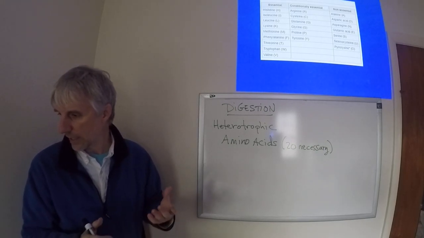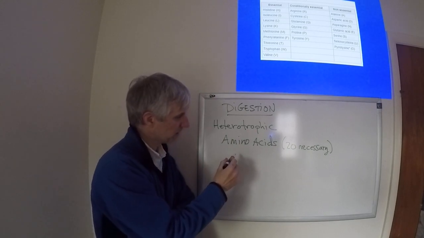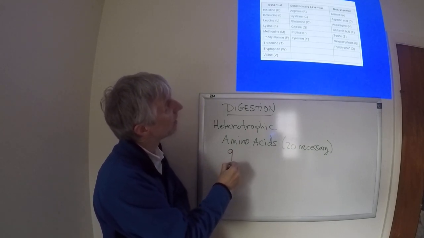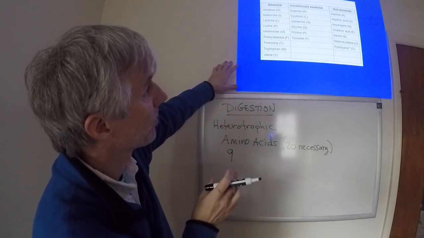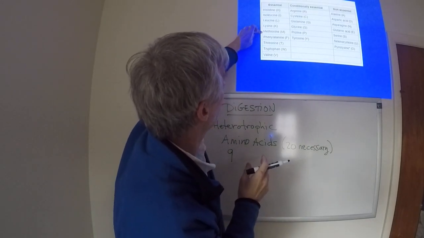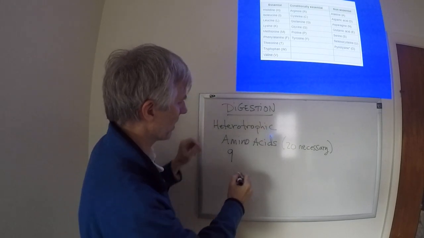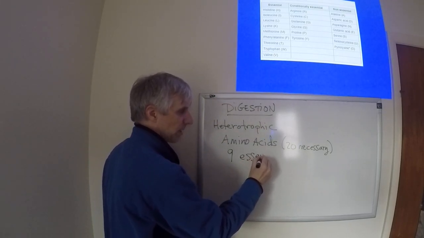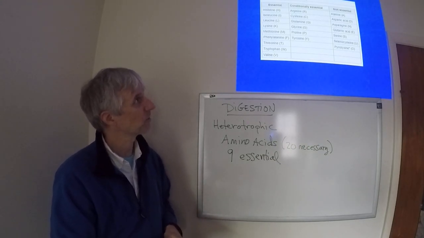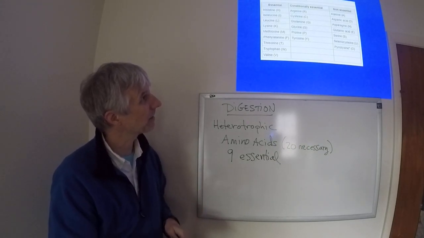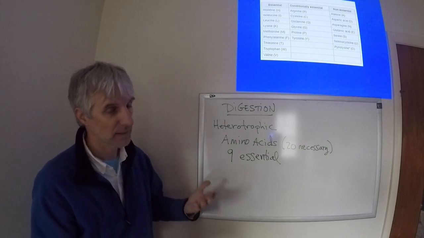And of the 20, 9 of them, so here let's go 1, 2, 3, 4, 5, 6, 7, 8, 9. 9 of these are referred to as essential. That means we have to have these 9 amino acids in our diet.